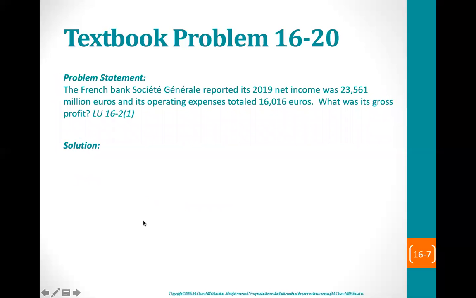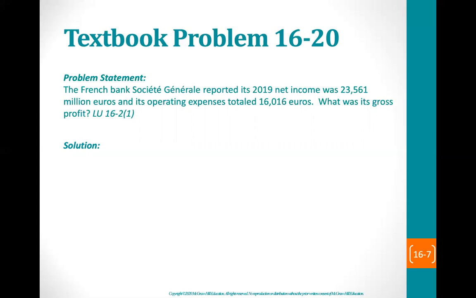The French bank Société Générale reported in 2019 net income of 23,561 million euros, and its operating expenses totaled 16,016 euros. What is its gross profit? Well, how do we calculate gross profit? Remember, net sales minus cost of goods sold gets you the gross profit.